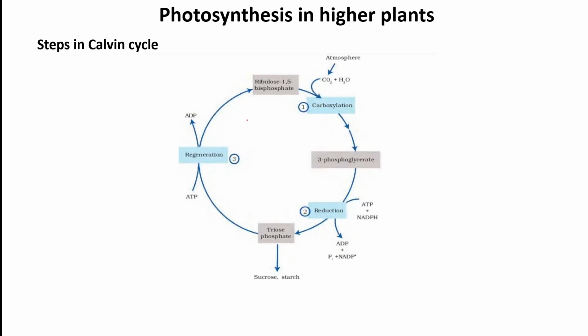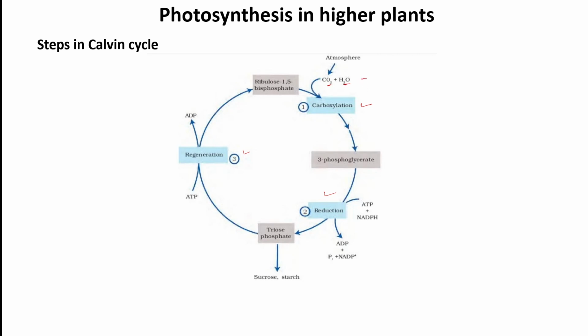Now this is the flowchart of the C3 cycle. So what is happening in the C3 cycle? There are 3 phases. The first one is the carboxylation phase, the second is the reduction phase, and the third is the regeneration phase. In the carboxylation phase, carbon dioxide combines with water initially.